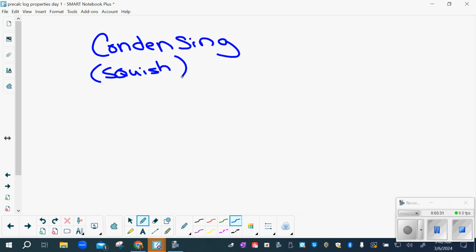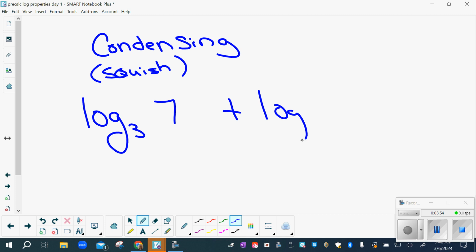When we condense, we take something that's got the word log written a bunch of times and write it just one time. We want to squish it down. So it would look like this: log base 3 of 7 plus log base 3 of 5. I don't want it written with that much stuff.